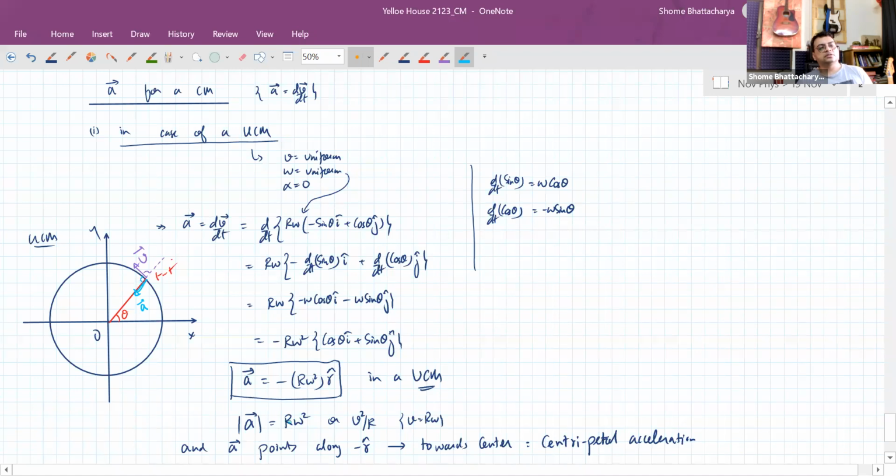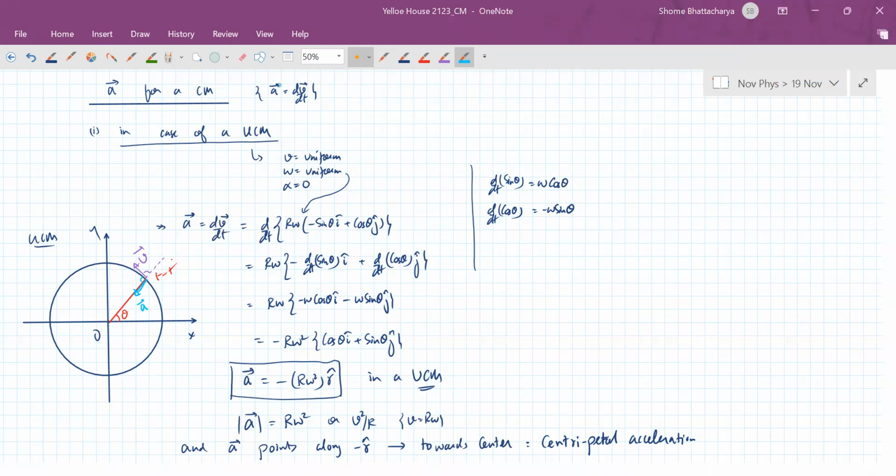It's pointing towards the center. But that, remember, is the case of uniform circular motion only. Non-uniform circular motion we'll see is different. But make a note of this first.